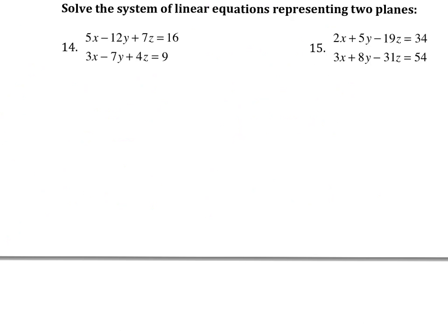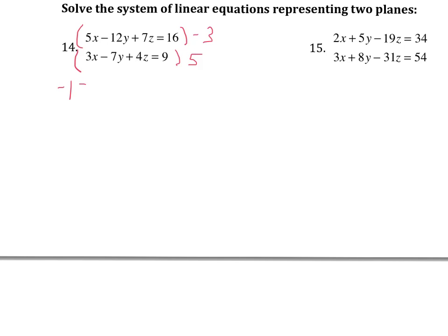So if I look at 14, it looks like x would be the easiest variable to eliminate. So I am going to multiply the first equation by a negative 3 and the bottom equation by a 5 to eliminate the x.